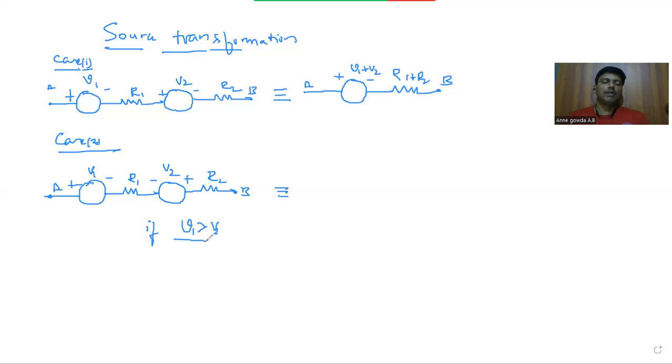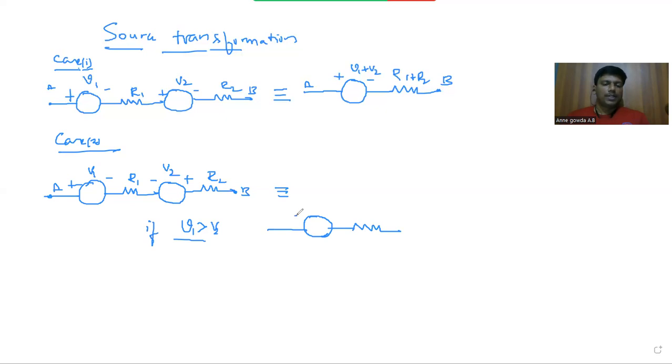In the first case where V1 is greater than V2, I can replace these two voltage sources with a single voltage source.